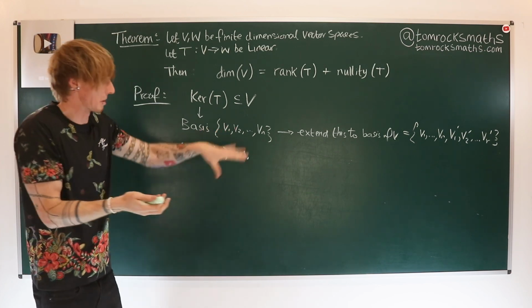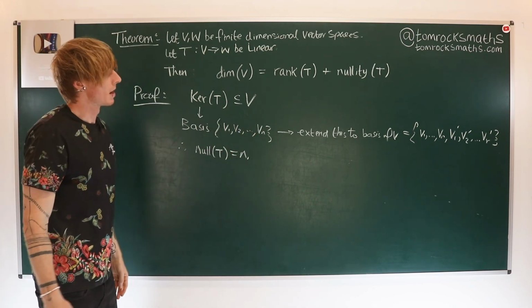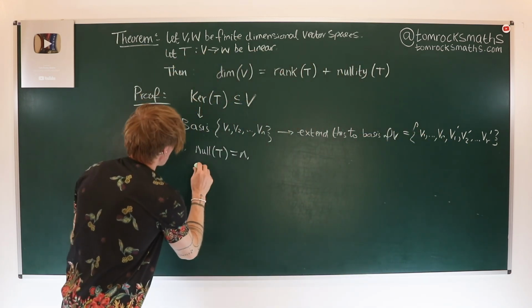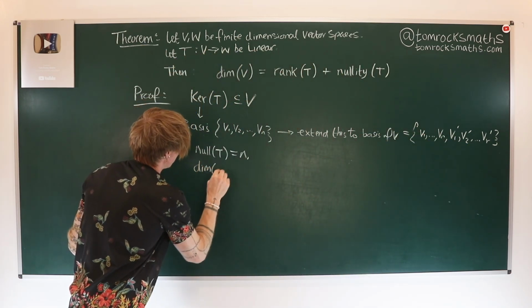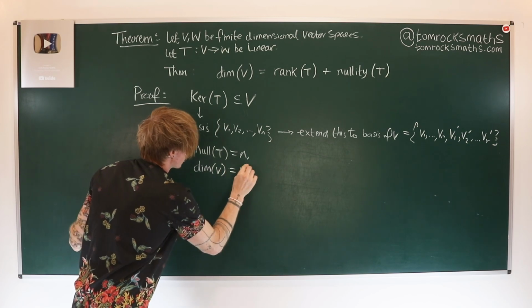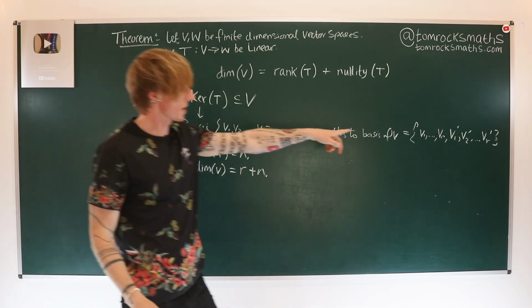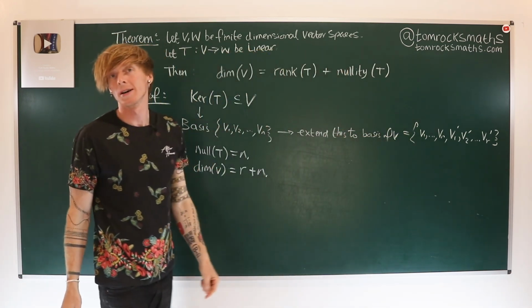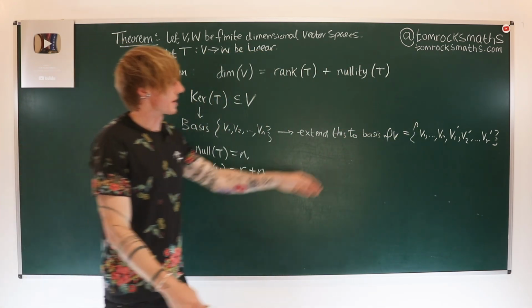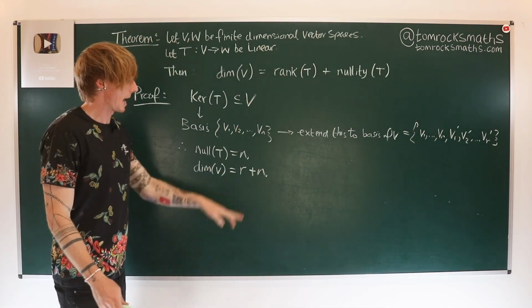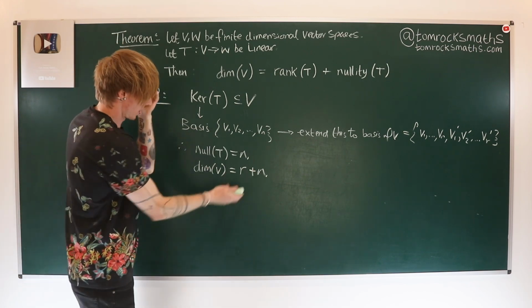It's arbitrary, but we can still write it down. And then we're going to extend this to the full thing. So the dimension of V is equal to r plus n. We have the n from our kernel, and then we extend it by adding in all these other new bits, the v primes, and we're going to add r of them. So that's n plus r.